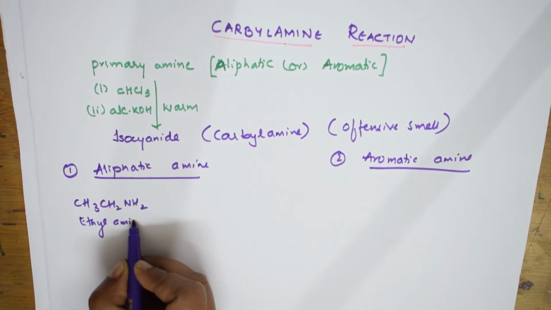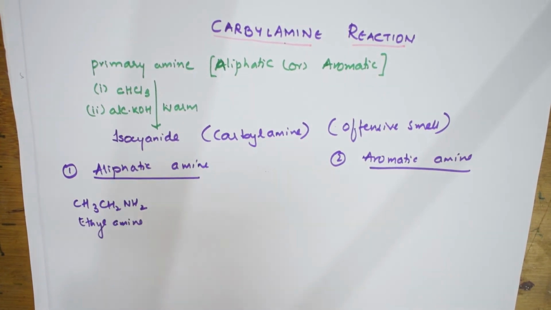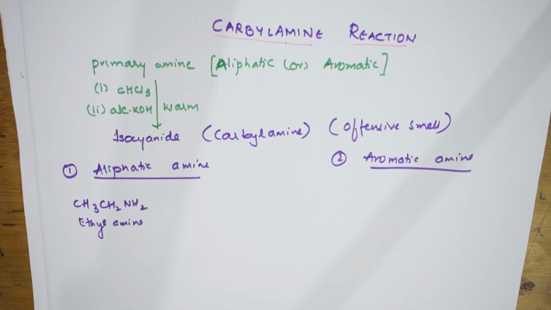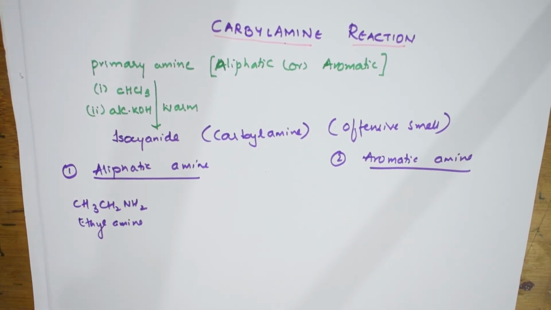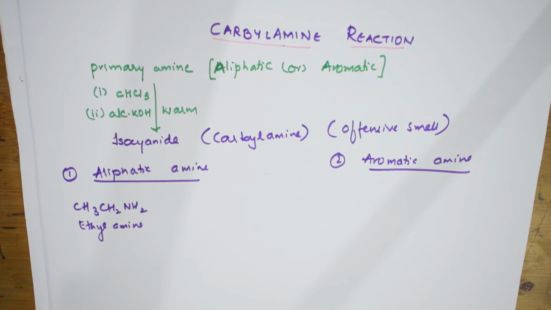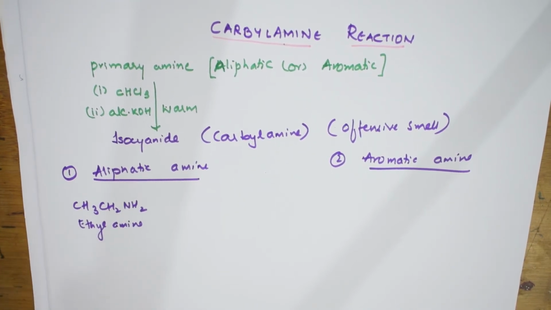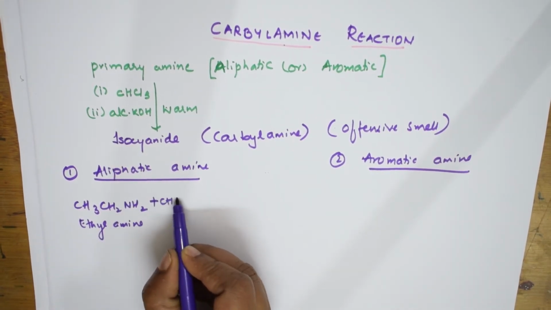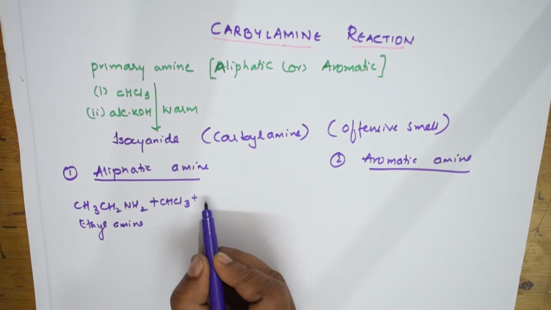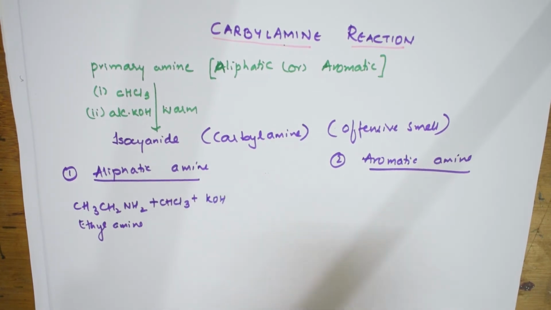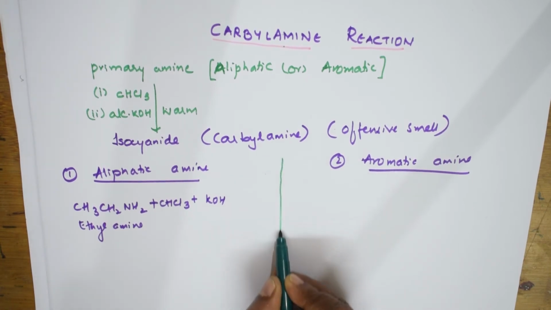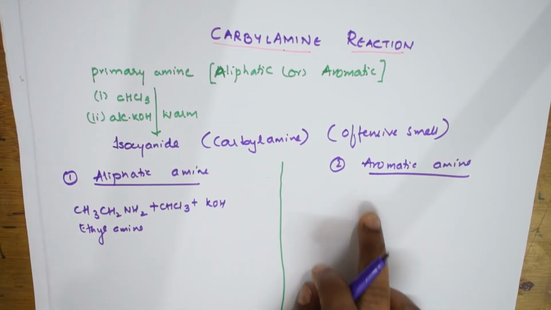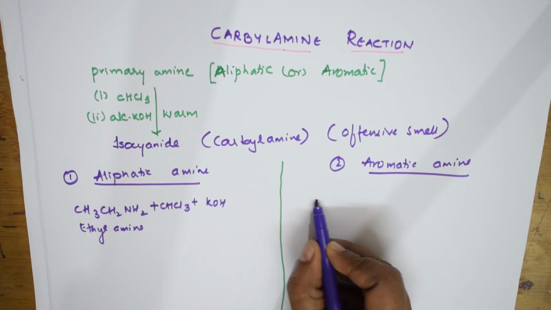Why ethylamine? Because 1, 2: eth means 2 carbon atoms, and NH2 is the amine group. So I'm going to take ethylamine, the basic aliphatic amine. After that, we have to add chloroform. So I'll be warming this with chloroform. I'll also be adding KOH. Let me draw one line in between these two so that it's not confusing you all. Here I'm going to take an aromatic amine. So what am I going to take?